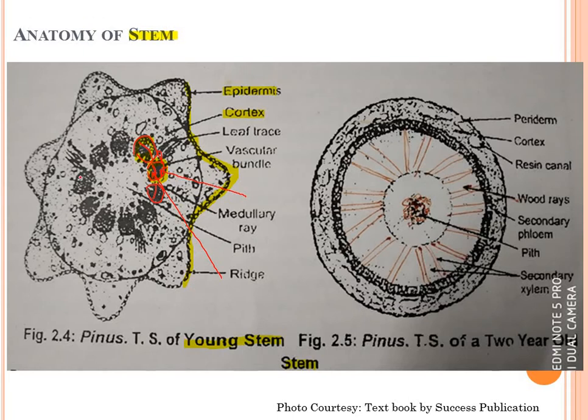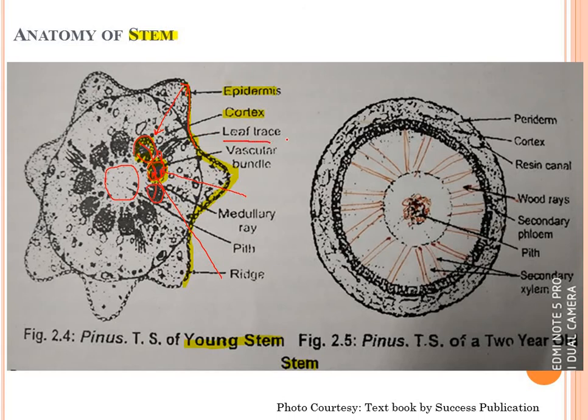Then the center part of the stem is known as pith. See, this is the pith. This is the transverse section of young stem. In young stem, at the outer side epidermis is present. It may be single layered or multi-layered. Then cortex is present. Then inside the cortex leaf traces are there.